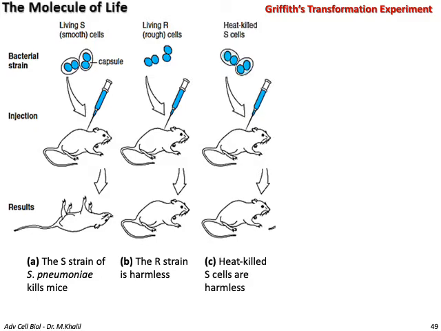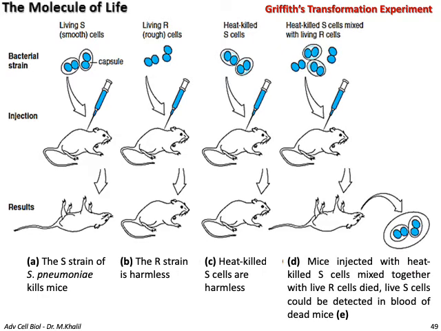When he took the S strain and heat killed it, and injected it, the mouse was still alive. When he combined heat-killed S cells mixed with living R cells and injected the mouse, it died.